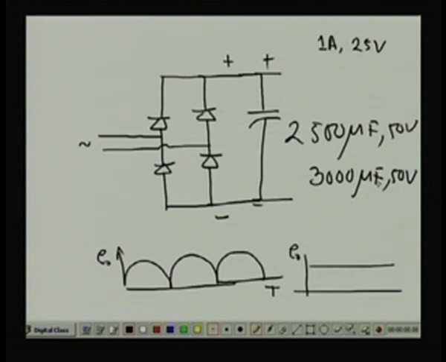Now, the problem arises, you see, when you switch on, now what will happen here.